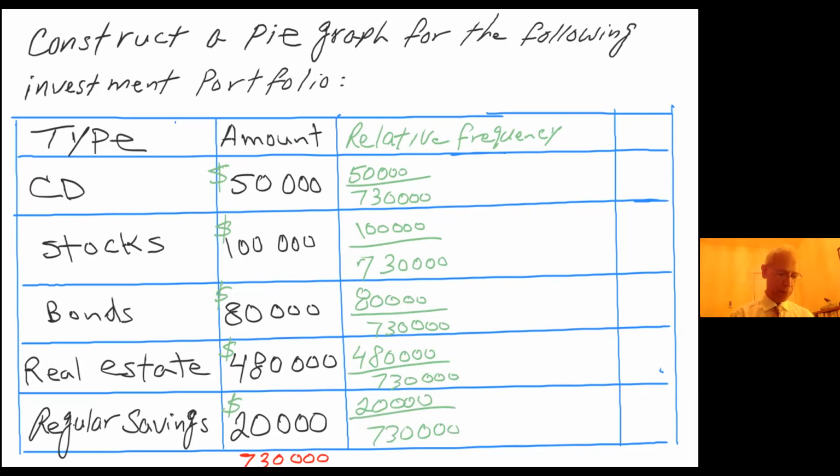So for the first number, 50,000 divided by 730,000, let's just go to two decimals. Actually, I could do a little bit more. So I have 50,000 divided by 730.